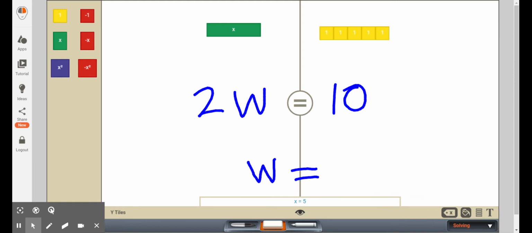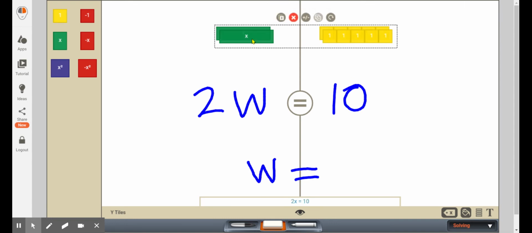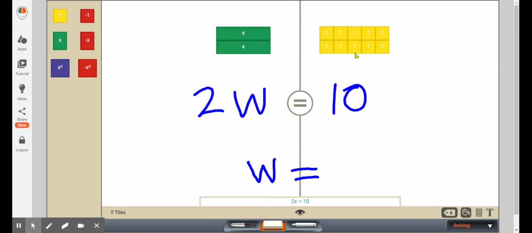So now let's take a look at a multiplying example. So let's set it up. Let's say we have 2w as our variable, and we need to get two of them. So we're going to put 2w, and then we have 1, 2, 3, 4, 5. And so two rows of 5 would give us 10. So 2w, this variable is multiplied by 2.